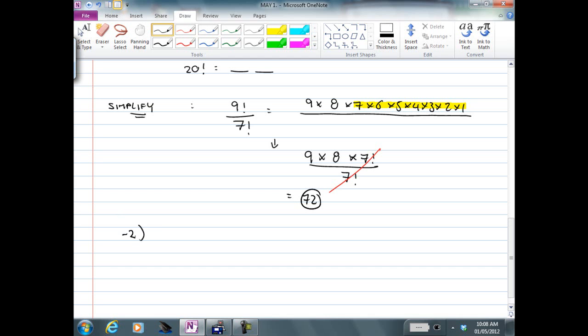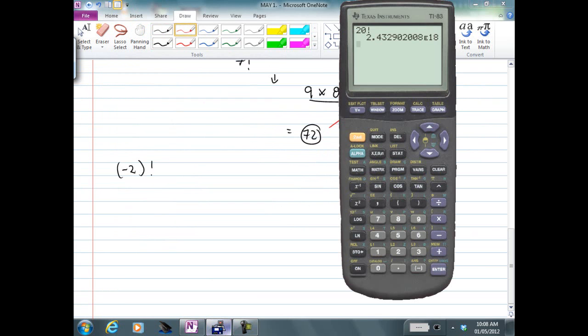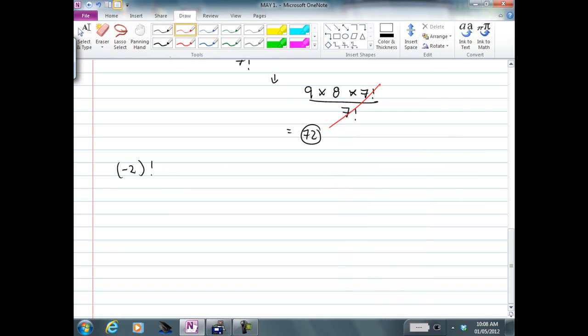What if I ask you this? What's negative 2 factorial? Try that on your calculator for me. Negative 2 factorial. If you punch it in your calculator right now, you should get something that says error. So I'm going to write a few notes down for you right now. Star. This is crucial. A lot of people don't realize this.